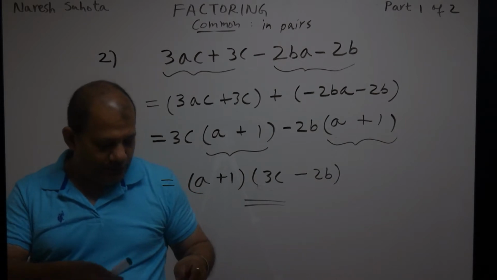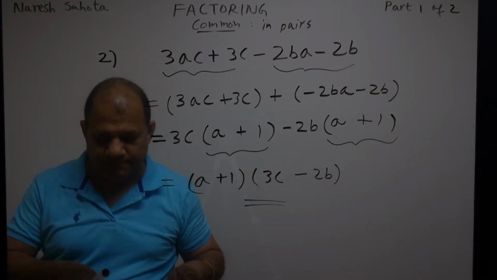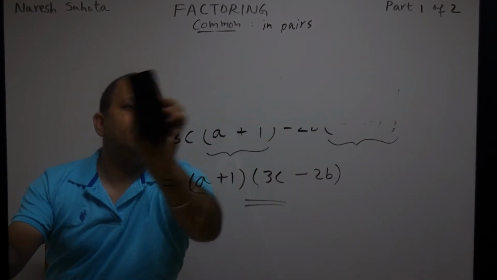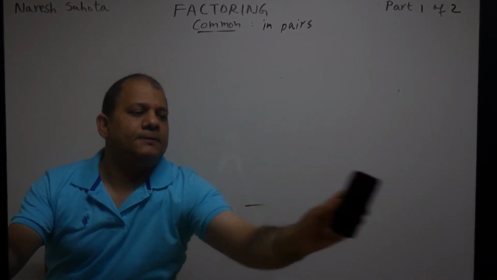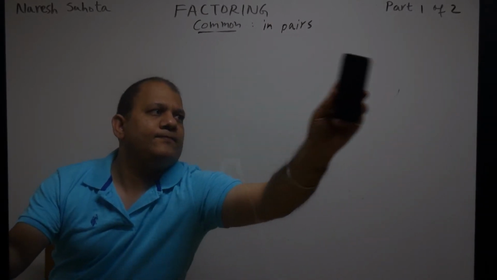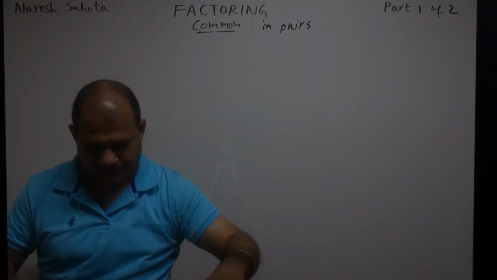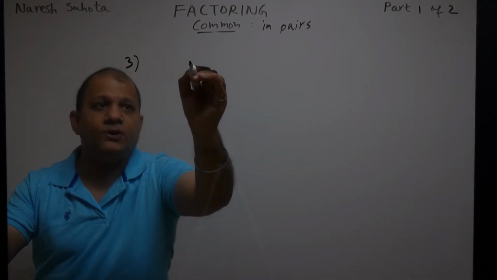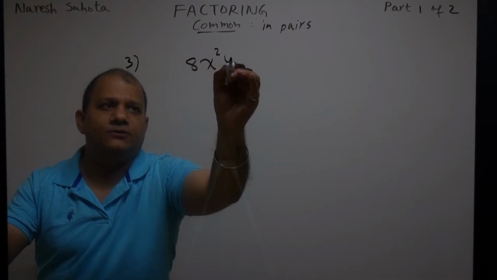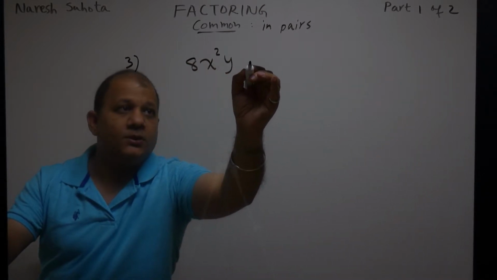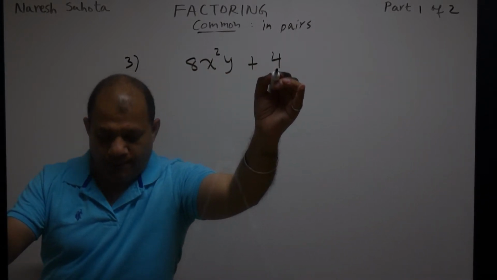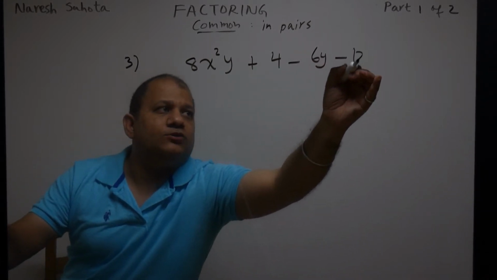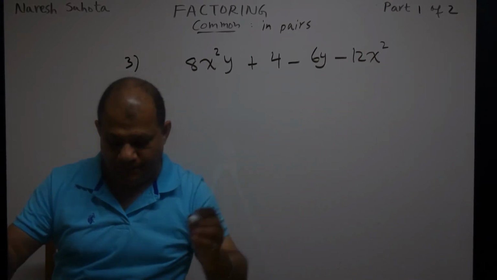All right, so let's do one more example. Example number 3. So we are given 8x squared y plus 9 minus 6y minus 12x squared.